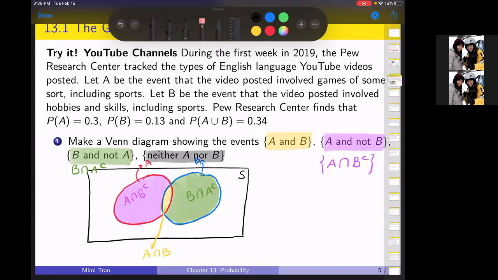This will be A complement union B complement. Neither A nor B.